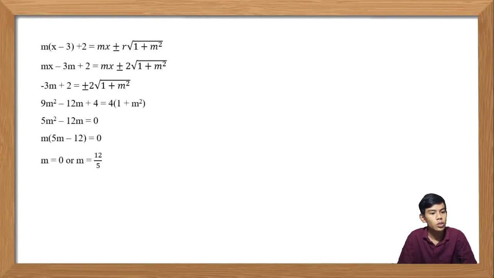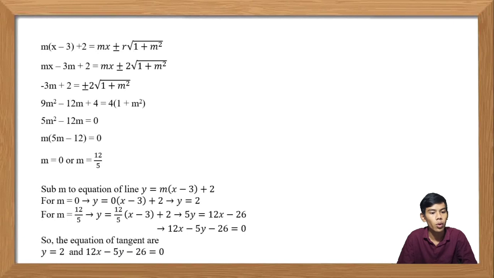And then the equation of the line is y equals m times (x minus 3) plus 2. For m equals 0, y equals 0 times (x minus 3) plus 2. So y equals 2. For m equals 12 over 5, y equals 12 over 5 times (x minus 3) plus 2.